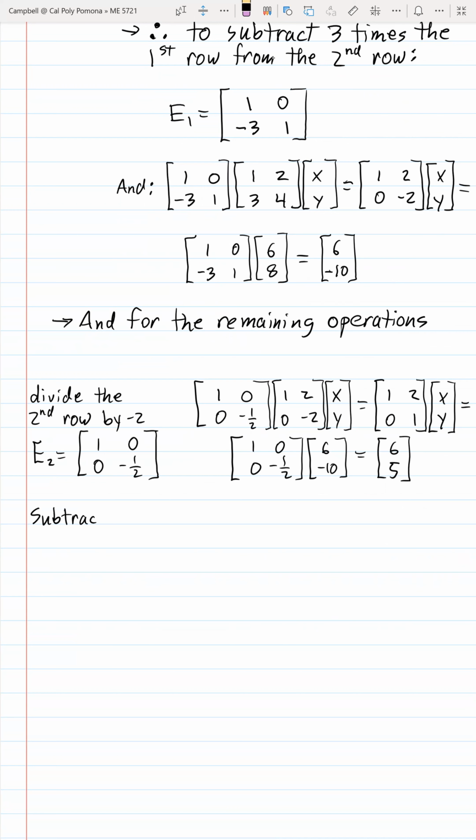So now let's go ahead and go through the final operation, which is let's subtract 2 times the first row from the second row.